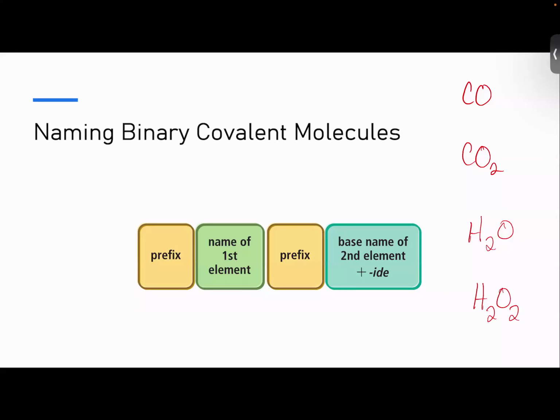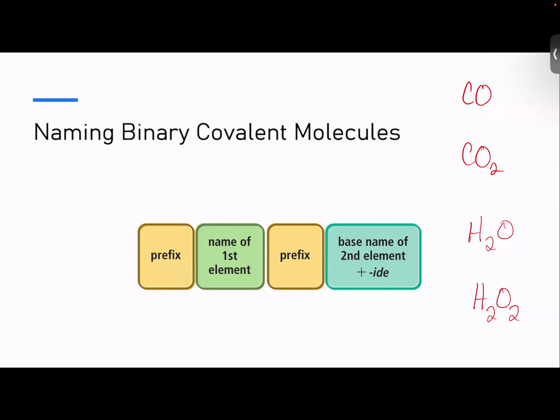The same two elements can form multiple compounds. So we need a process to differentiate because no two compounds can have the exact same name.